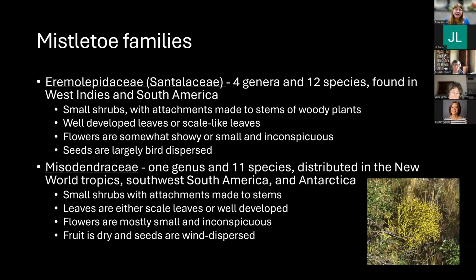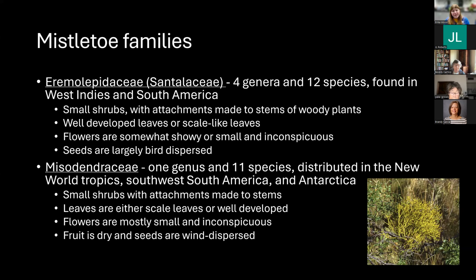One family that hasn't changed too much is the Mesodendraceae family. It's one genus, so that makes it easy to understand and learn from. It's one genus with 11 species. Primarily, we're seeing this dispersed across South America and even into Antarctica.